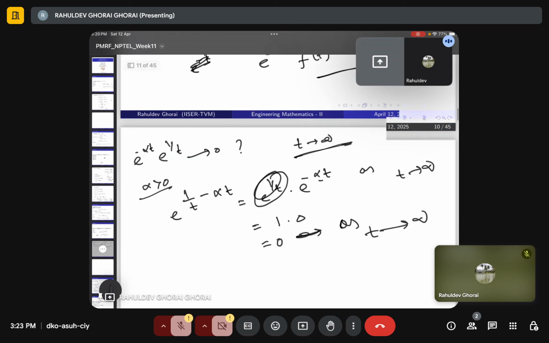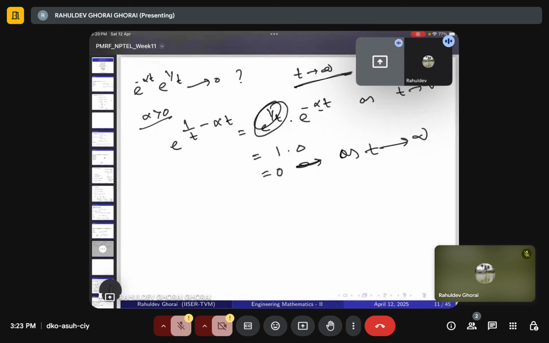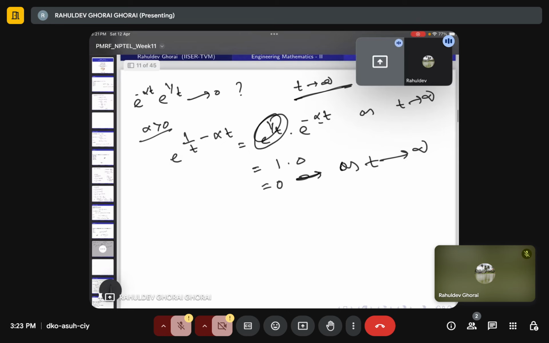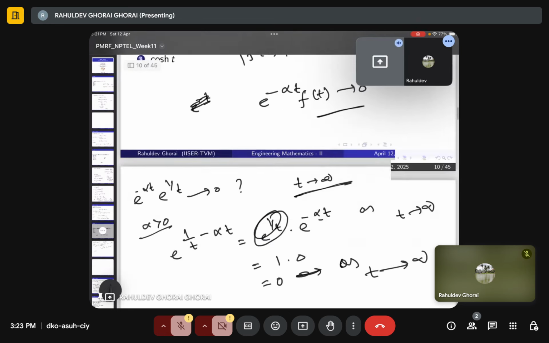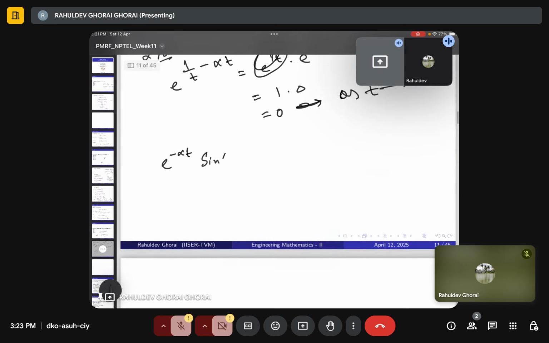So these two functions converge to 0 with e to the minus alpha t. Same for sine. Sine t is a bounded function which belongs to minus 1 to 1.